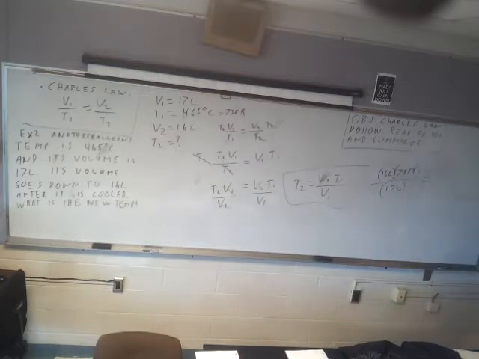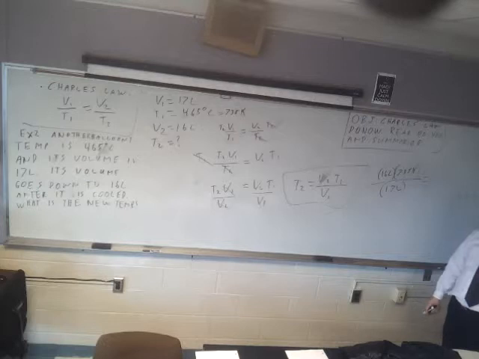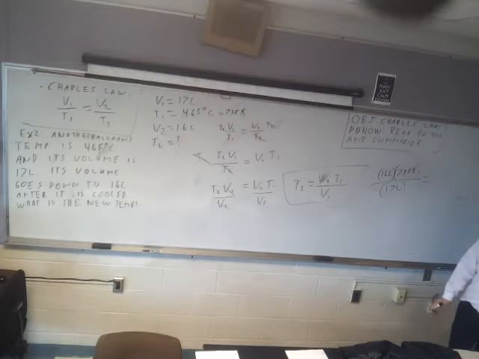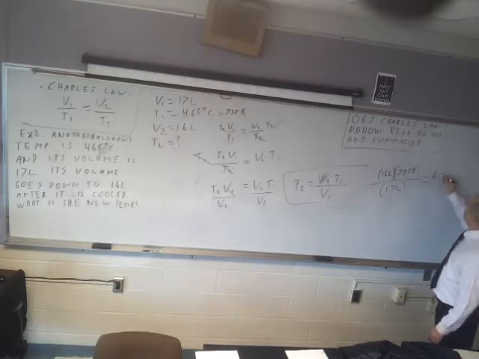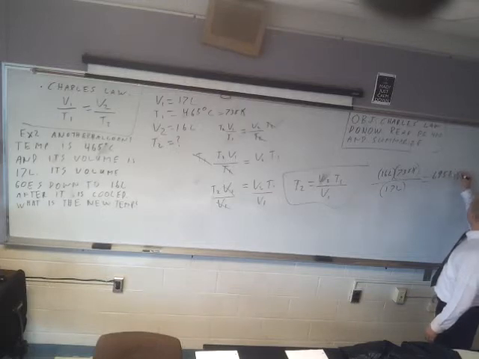So obviously you're going to get a number that's a little bit smaller than 738, right? What's that come out to? Yes. 694.5. Thank you. 694.5. Let's just call it 695. That'll be Kelvin. The liters cancel.